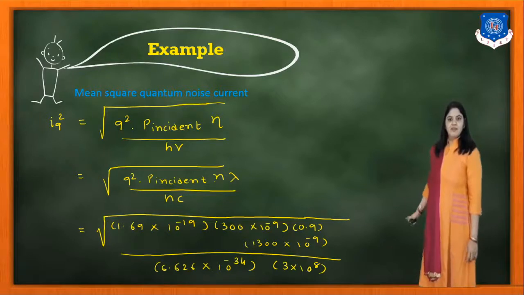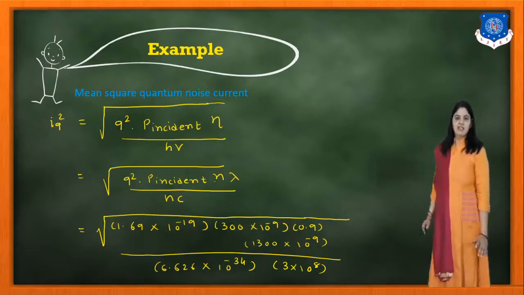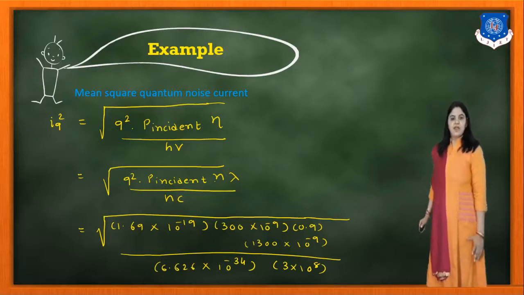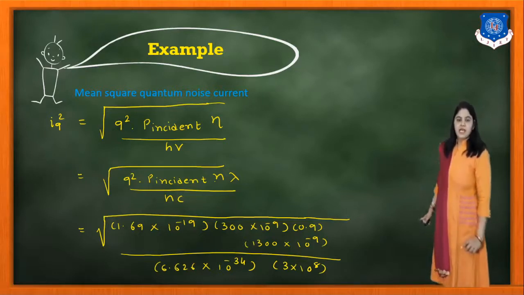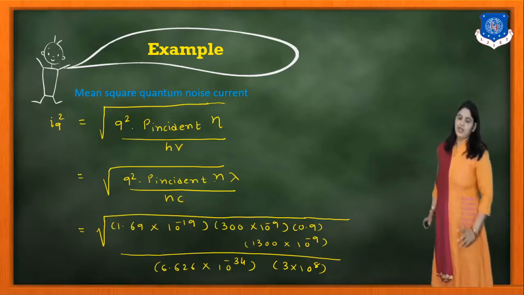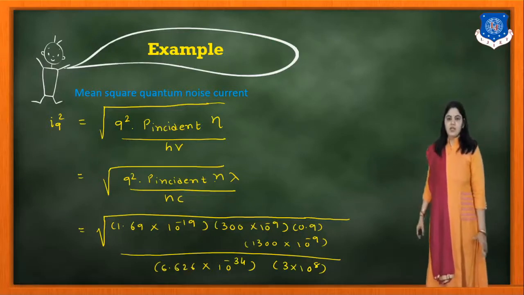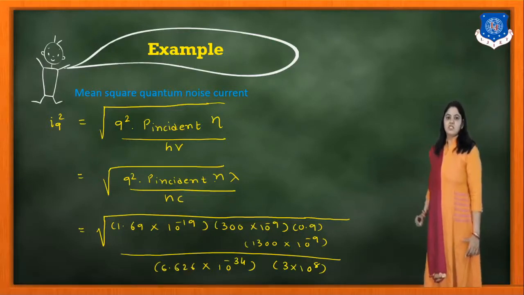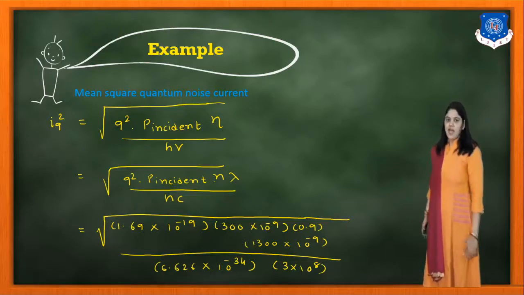Now we'll put the values one by one: q² is (1.6 into 10 raised to minus 19) whole square into the 300 into 10 raised to minus 9, then eta is 0.9, lambda is 1300 into 10 raised to minus 9 upon h. The Planck constant is 6.626 into 10 raised to minus 34, and what is C?